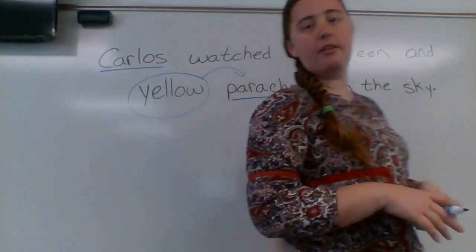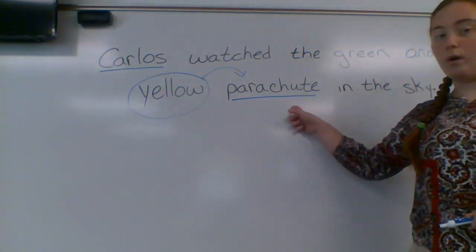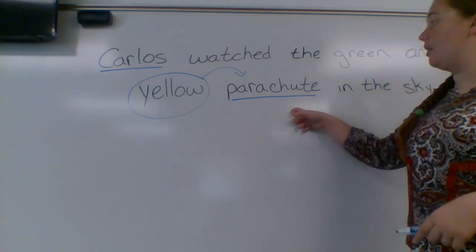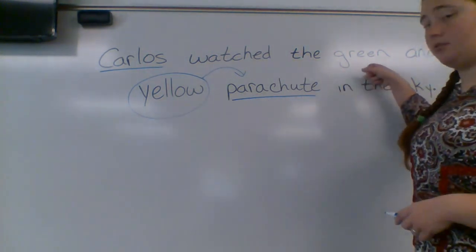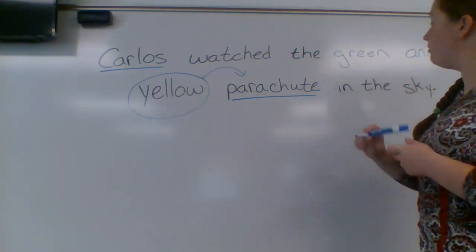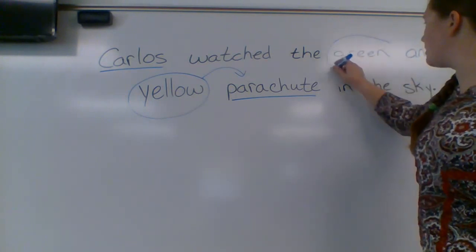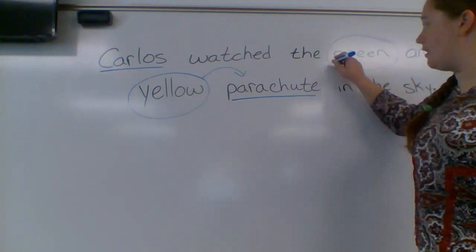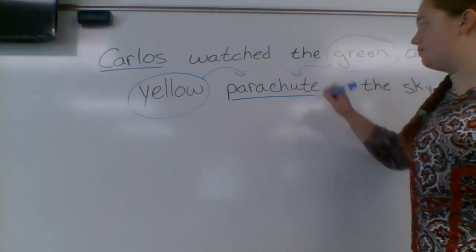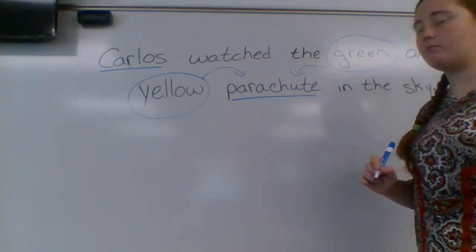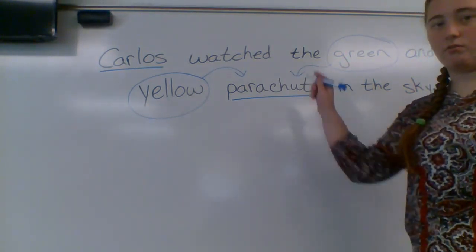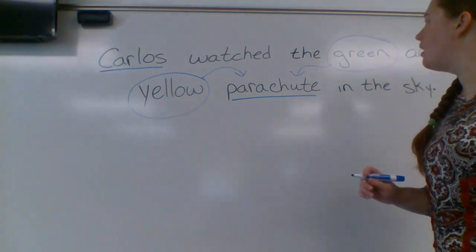We have still, what kind of parachute? Well, it's yellow, but it's also, right, green. Green is going to get circled. And I'm going to have to draw a line kind of like that to parachute. But you're just going to draw over.